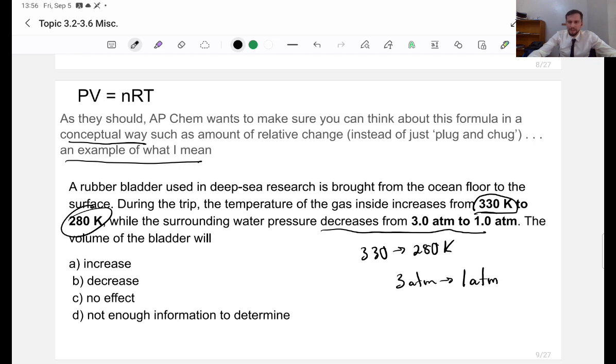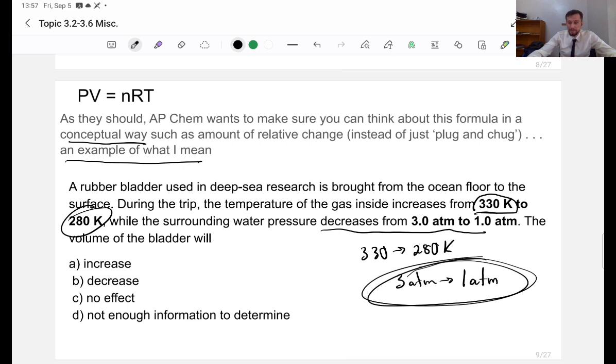3 times 1 is 3, okay? This is a bigger change mathematically. I don't know how to explain that better than to say it's a bigger change, okay? Ask your math teacher about how to explain proportionality in a very high school math technical kind of way. But this is a bigger change. So what does that tell us?